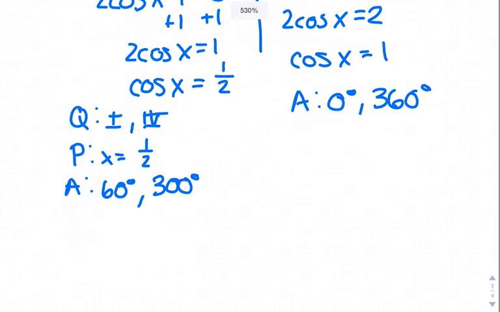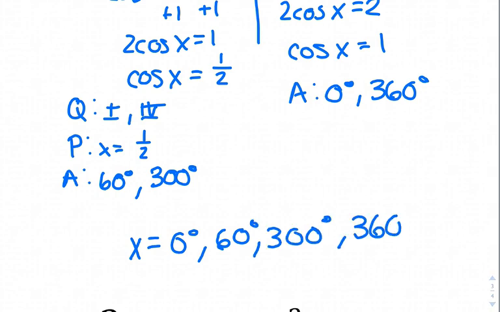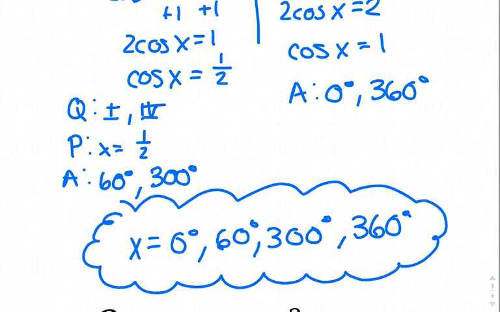Make sure you include that 360. So overall, my x values are 0, 60, 300, and 360. That would give you full credit if this was on the exam. So try the rest of these. The answer key is online for you to check already.